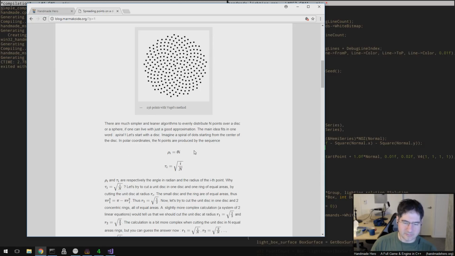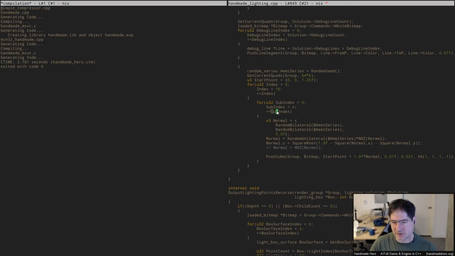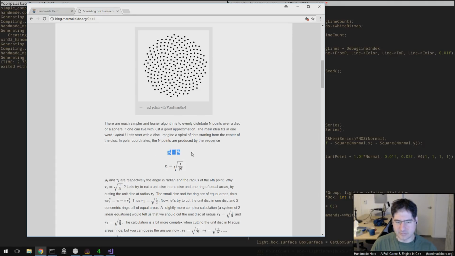So polar coordinates meaning almost exactly what I've written here, right? We take a direction and then we go out that direction by a particular distance. In this case, we'd find that direction by taking a random angle and then using cosine and sine to figure out what it is, right?